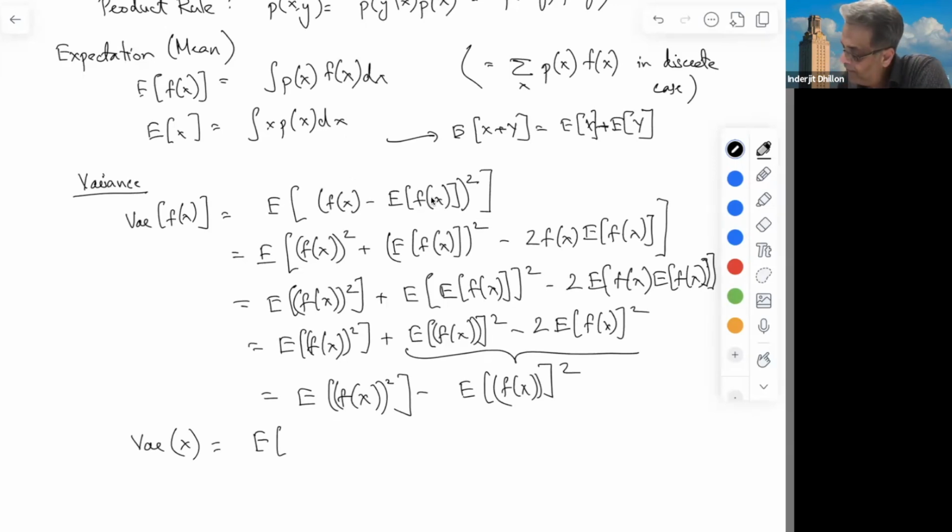Okay, so it's x minus E of x, squared. And like what we did above, you can go through all the steps, but we've already done this above. This is the expectation of x squared minus, you take the expectation and then you square it.